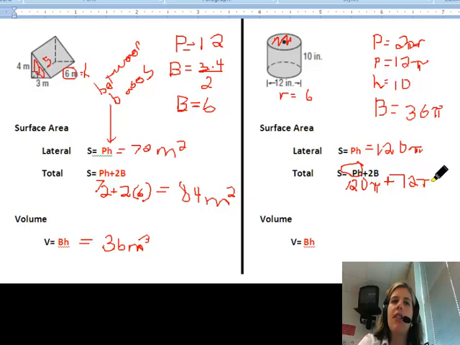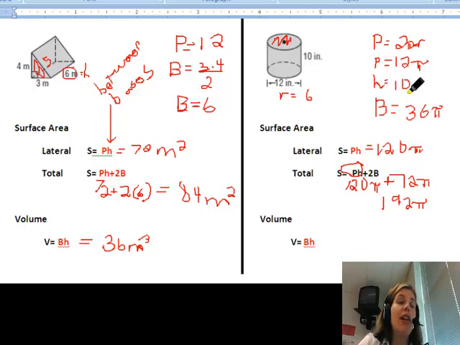And when we add those together, 120 plus 72, we should come up with 192 pi. Now, if you look on your formula chart, I believe it actually gives the formula in terms of pi, but it works out the exact same way.